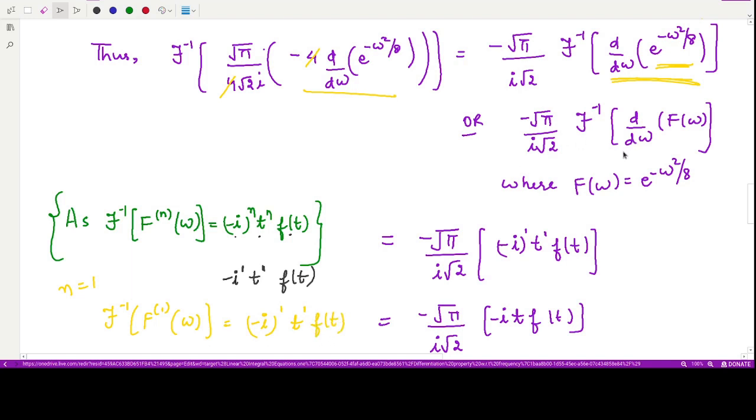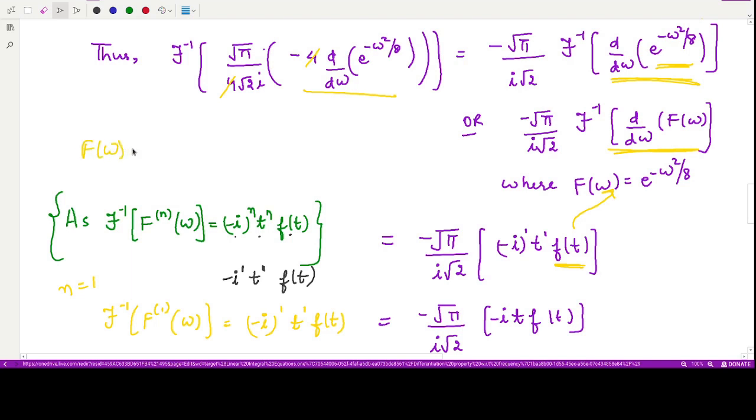So you can now write in place of this as minus iota raised to power 1 t to the power 1 f of t.